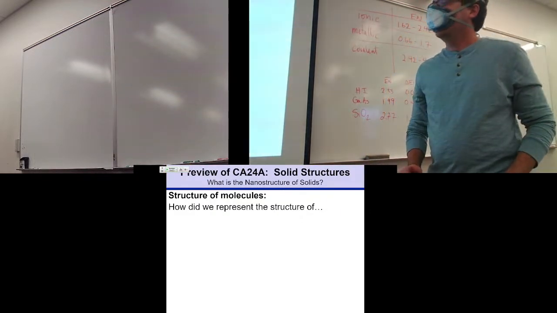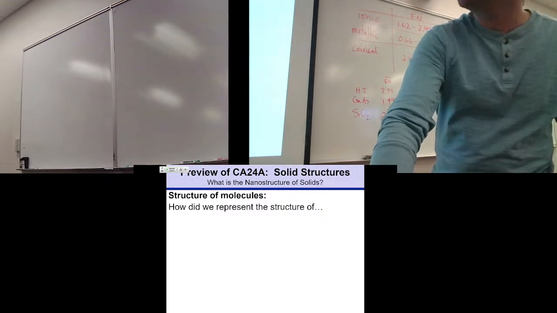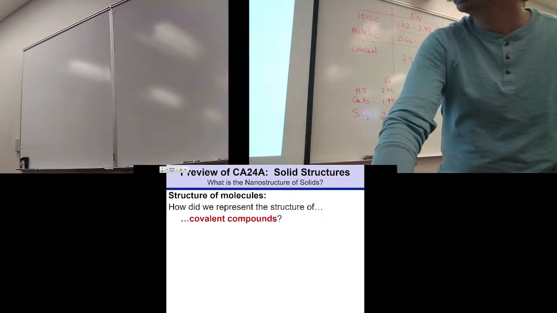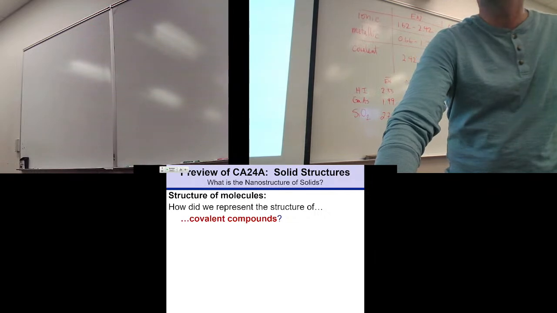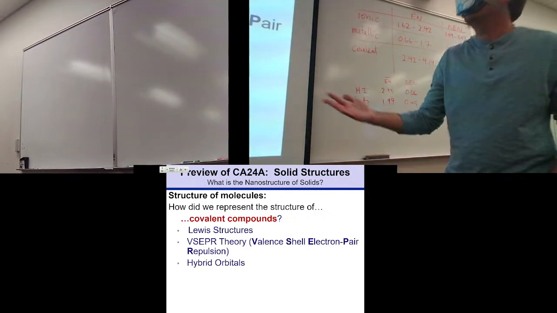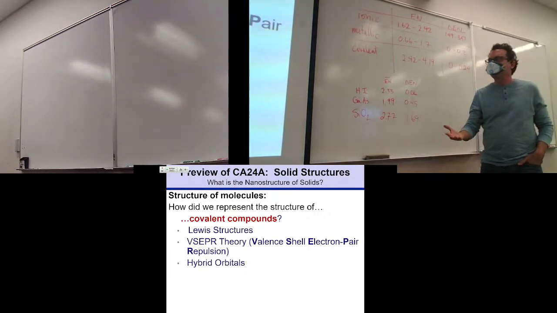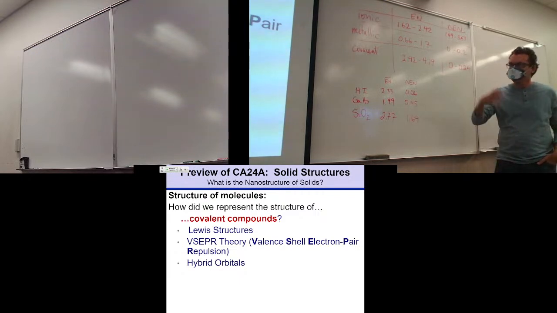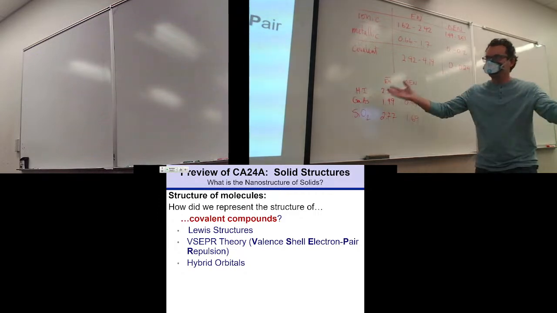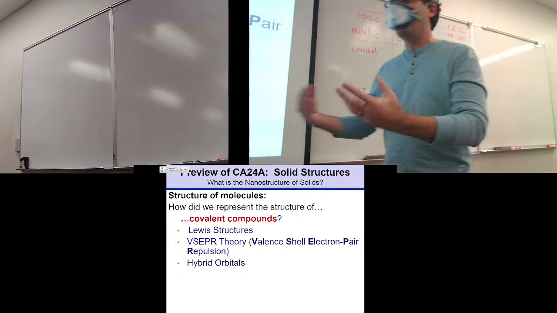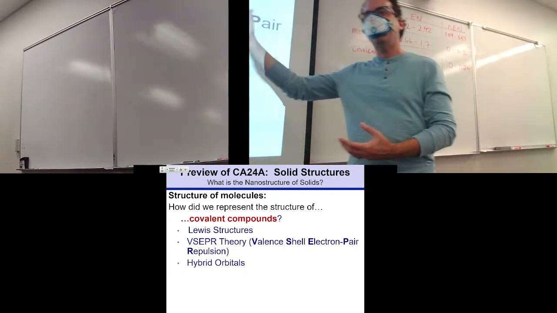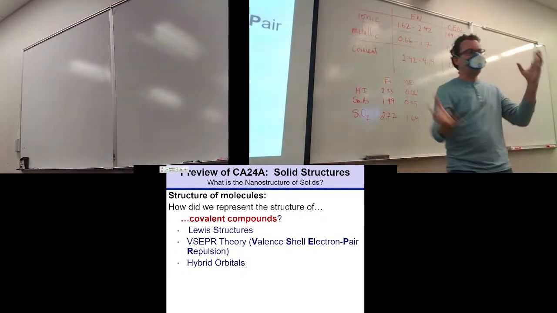When we represent the structure of molecules, like covalent compounds, it's pretty simple. I mean, not simple, but we've got a very well-established framework, like Lewis structures. We show how the atoms are connected, done. If we want a little more detail, we can use VSEPR theory to understand the shapes.